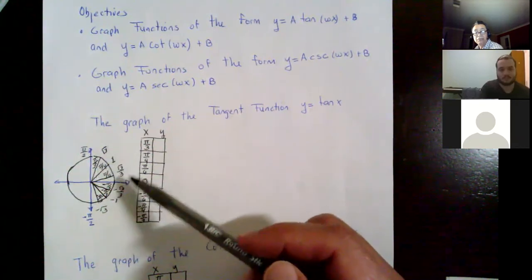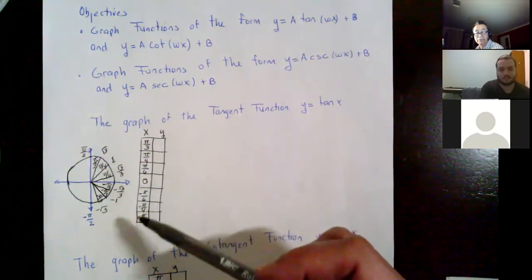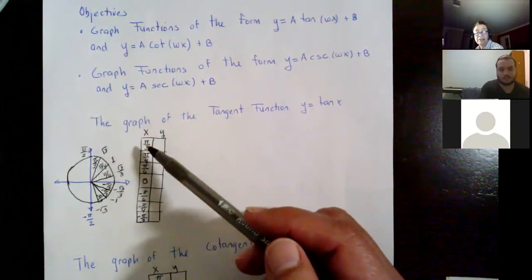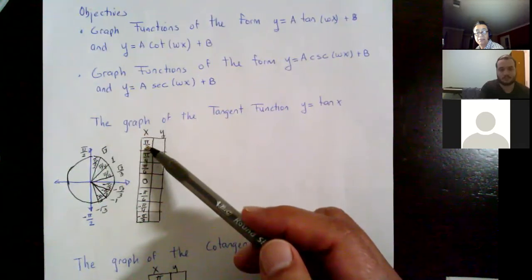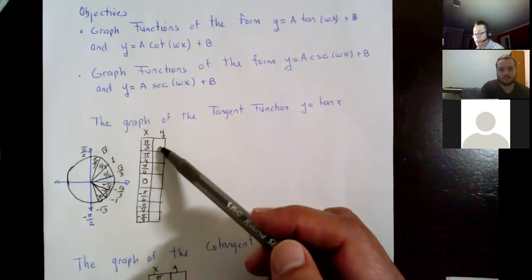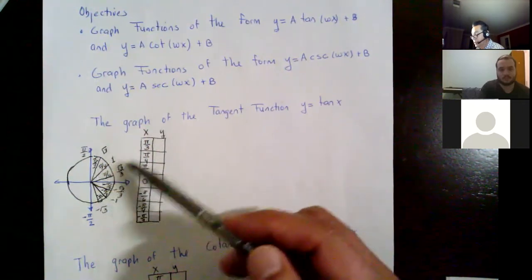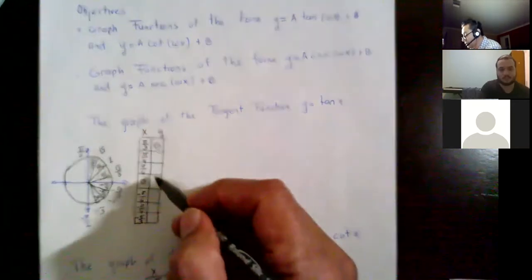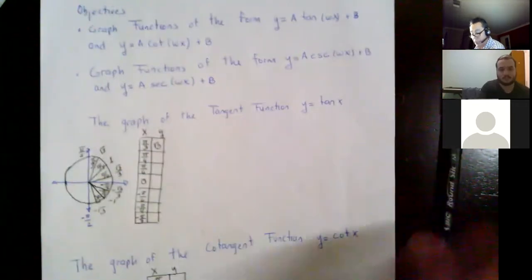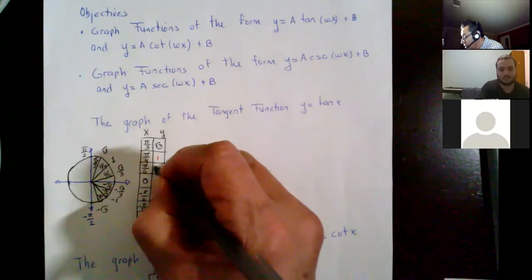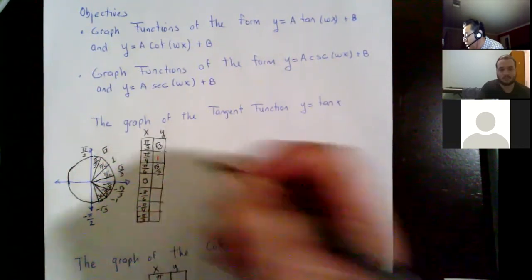Notice I have a table right here. If I make x equal to pi over 3, I can write the corresponding value of the tangent here, and based on the unit circle, it is the square root of 3. Pi over 4, and I'm going to write this in red, is 1. At pi over 6 it is square root of 3 divided by 3.